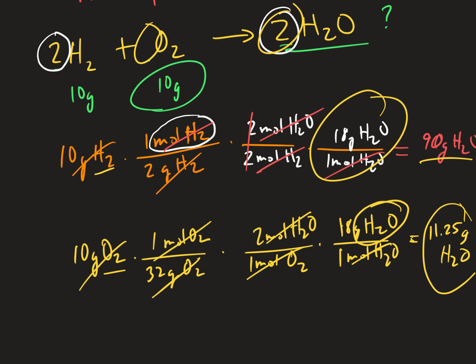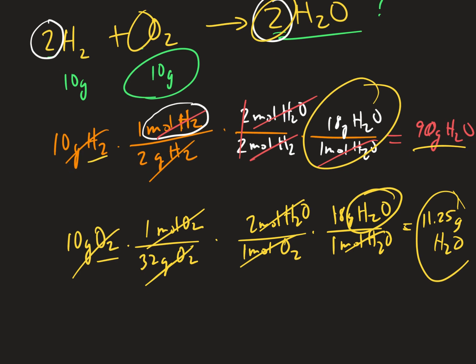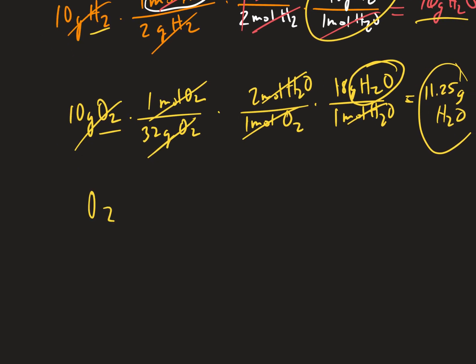We're making predictions here. Can we make 90 grams? No, we cannot. Because we don't have enough oxygen. Does that make sense? If we have excess oxygen, yeah, we can. But we only have 10 grams. So here, oxygen is the limiting reactant.